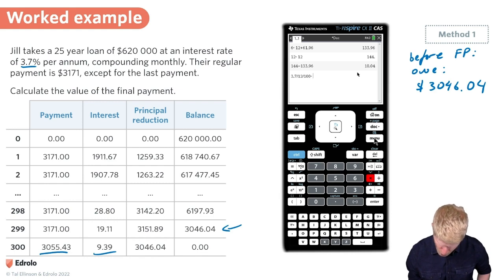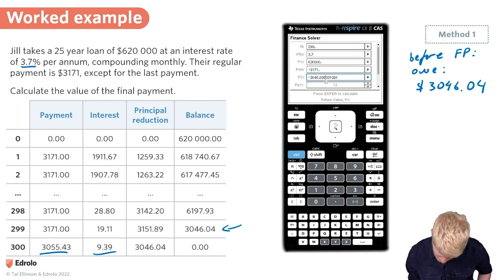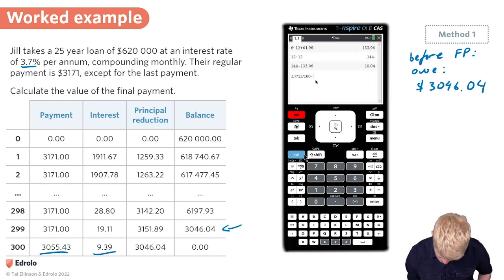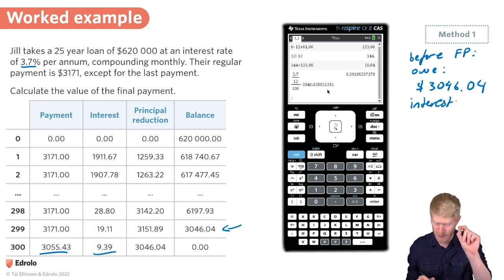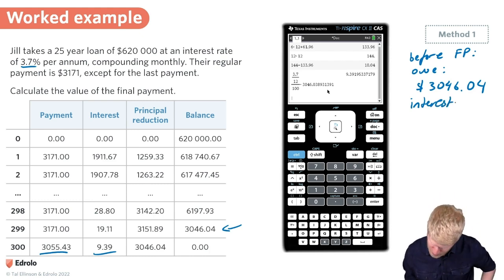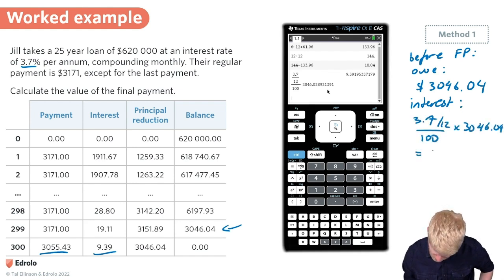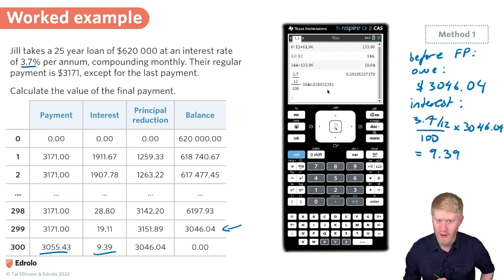Now I want to get all of my numbers, so I'm going to Control-C and Control-V this. Escape, Control-V. I can get rid of the negative, and we get the interest that is added to that balance just before our final payment is equal to, let's write the calculation, 9.39. Okay, does that make sense?